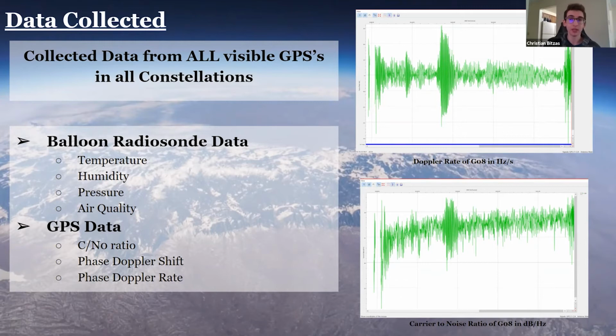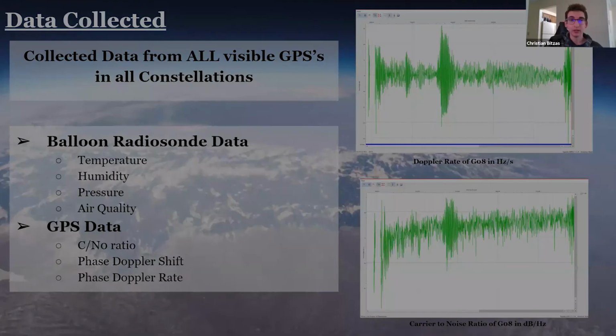On the right here, you see the Doppler rate, which is the rate at which the Doppler effect was happening. We won't talk too much about that because of time, but we also have the carrier to noise ratio down here, which is the strength of the signal. The higher this is, the higher the carrier signal is compared to the noise, so the higher it is, the better.